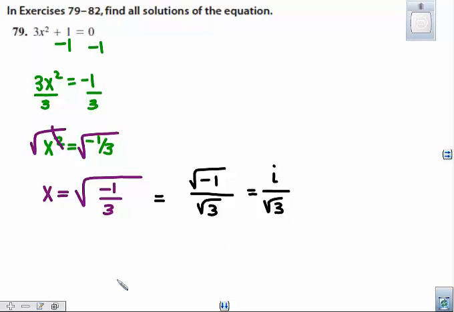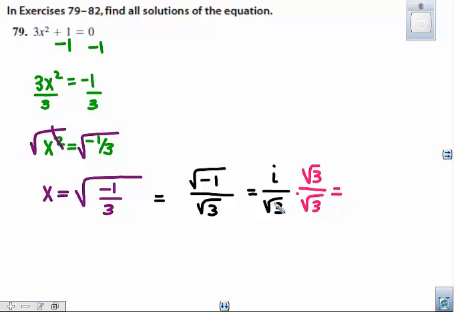But we do not leave radicals in the denominator of a fraction. You learned that in Algebra 2. To rationalize, in case you have forgotten, you multiply by the radical that's in the denominator. And if I do that to the denominator, I have to do that to the numerator.